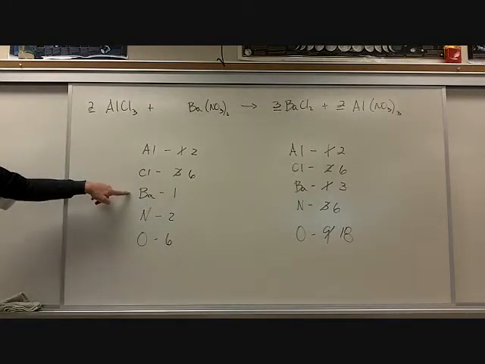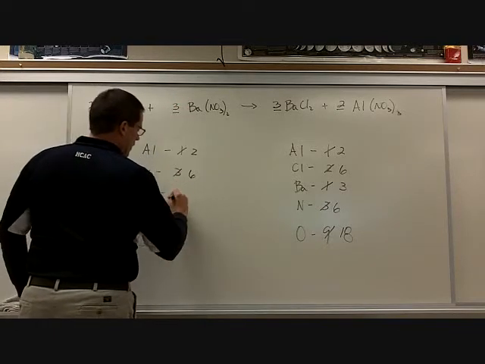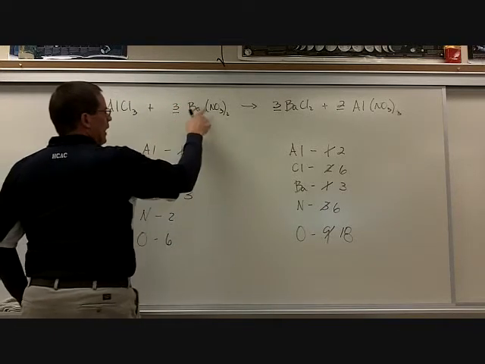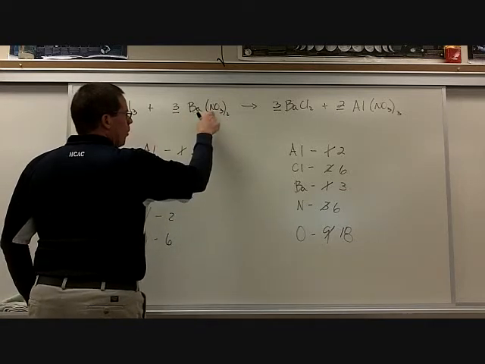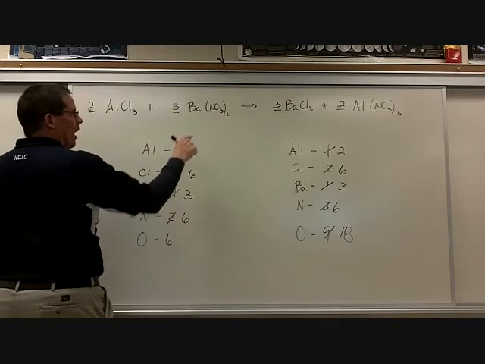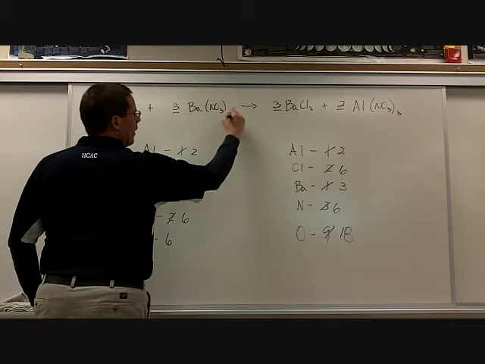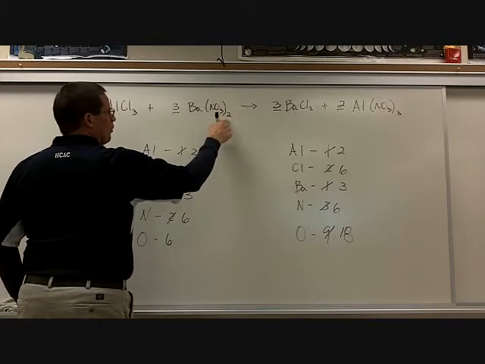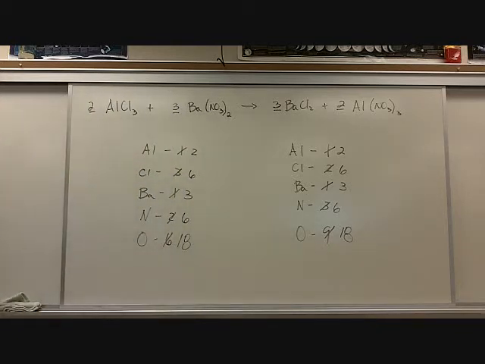Oh, barium. So how can I get 3 barium on the left? 3 there. And how many nitrogen do I now have? 1 times 2 times 3 is 6. And how many oxygen? And that's a 2 there. 18. 3 times 2 times 3 is 18. How's that looking? Pretty good.